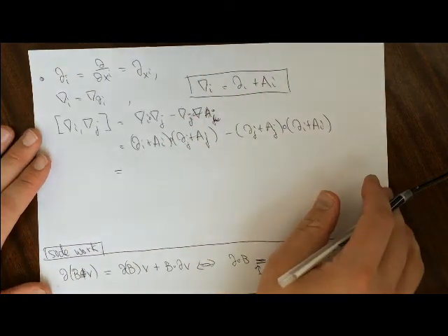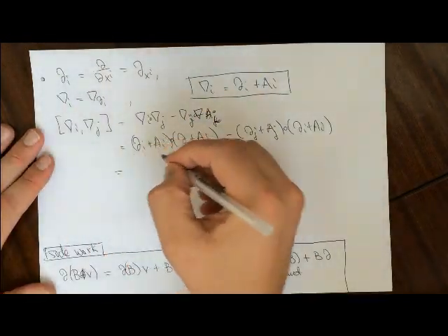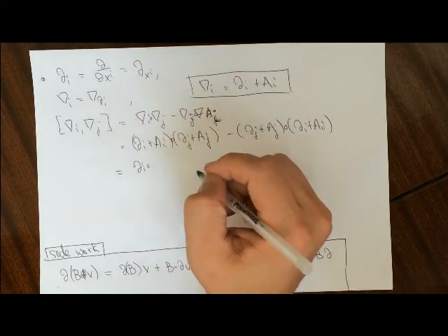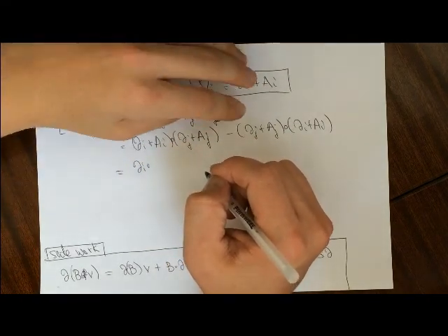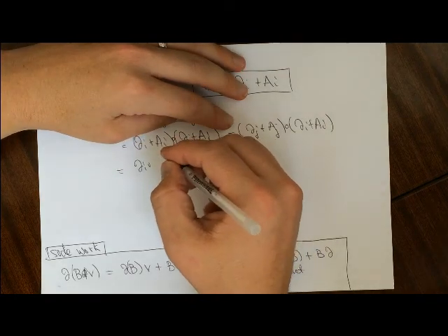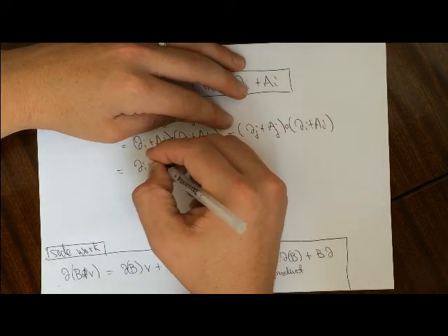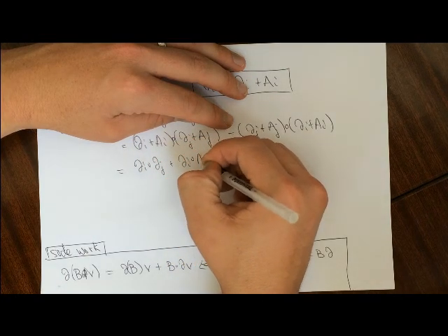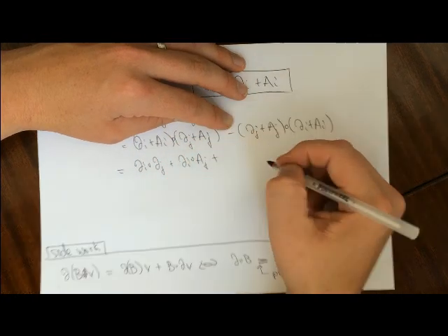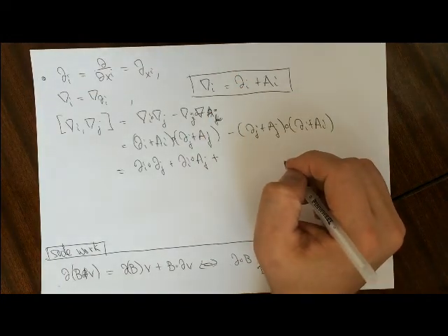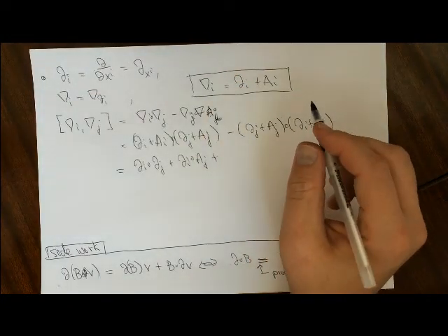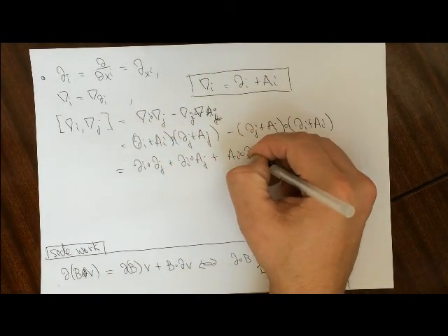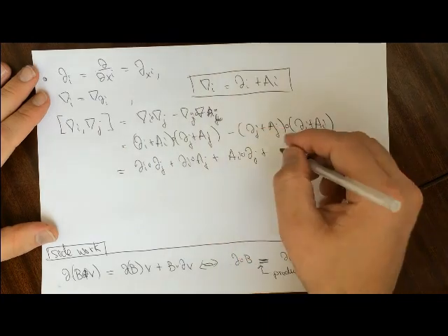And now I'm going to use this to compute what things are. First, let's expand what things are. And so here we're going to have d_i composed with d_j, plus d_i composed with a_j, plus this guy and this guy, plus this guy and this guy.